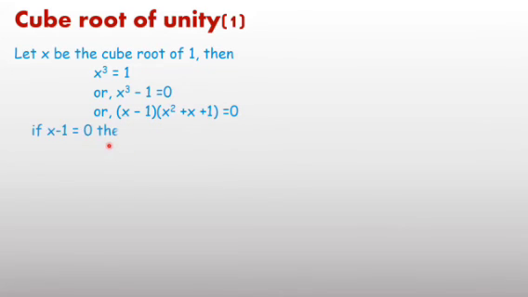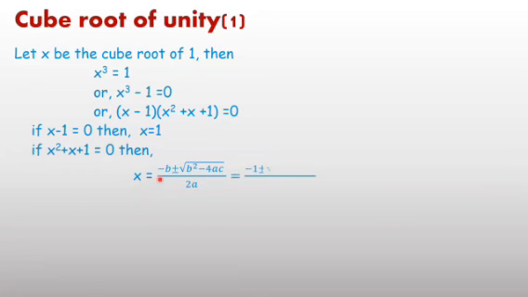If the first factor equals 0, then one value of x you will get is 1. If the second factor, meaning x square plus x plus 1 equals 0, then using the quadratic formula you can find the value of x. Quadratic formula means minus b plus minus under root b square minus 4ac upon 2a. Here the value of a is the coefficient of x square, 1, b the coefficient of x, 1, and c is also 1.